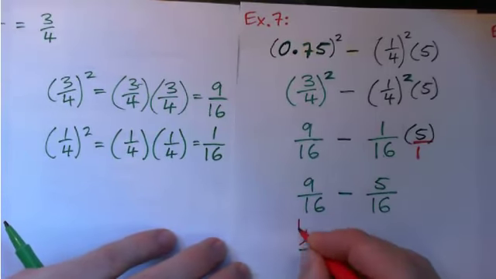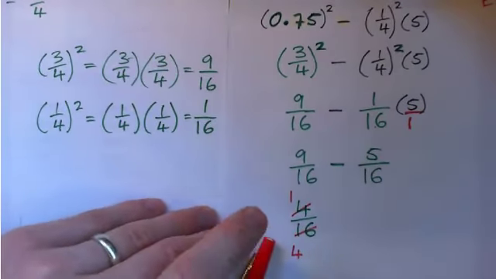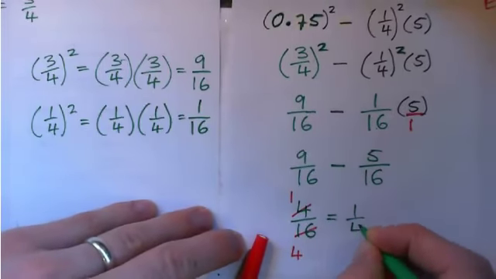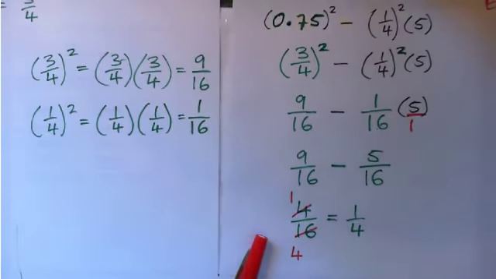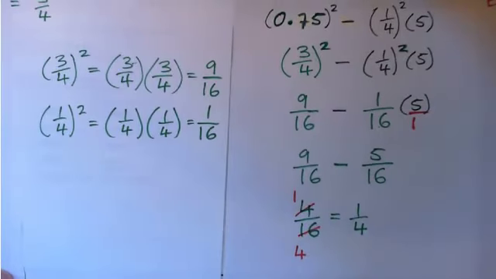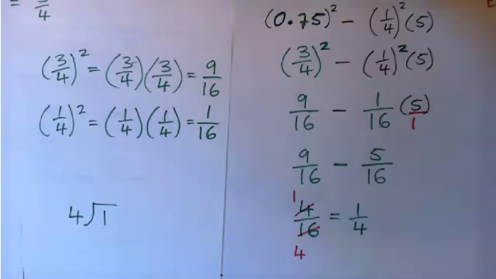4 into 4 goes once. 4 into 16 goes 4 times. So this becomes 1 over 4. So the answer is 1/4. And if you want to write your answer as a decimal, you've got to turn 1/4 into a decimal, right? So you've got to go 4 into 1. And we know how to do that.